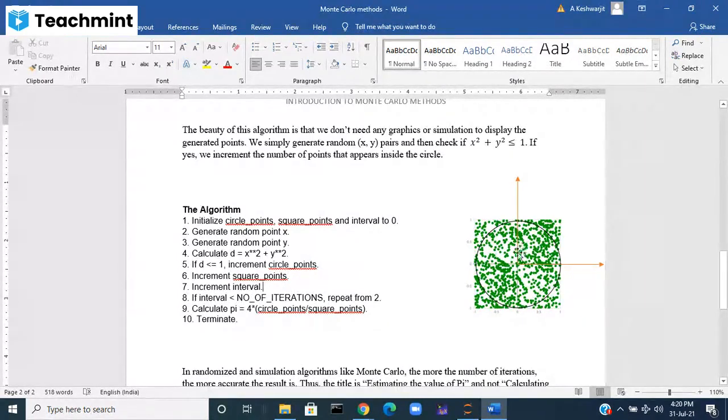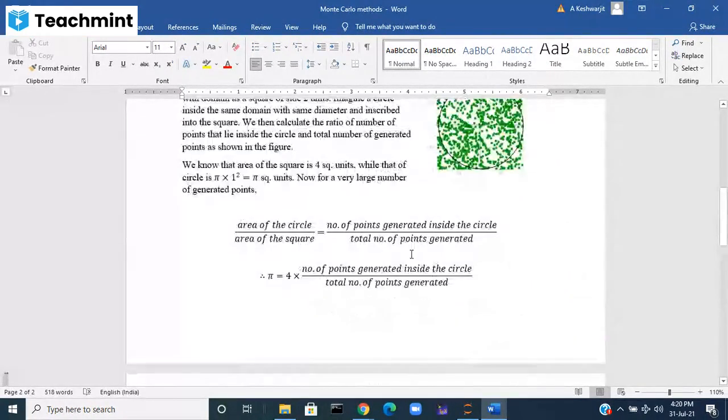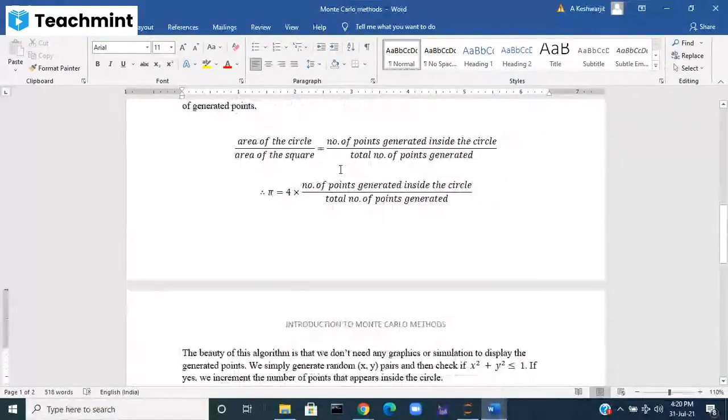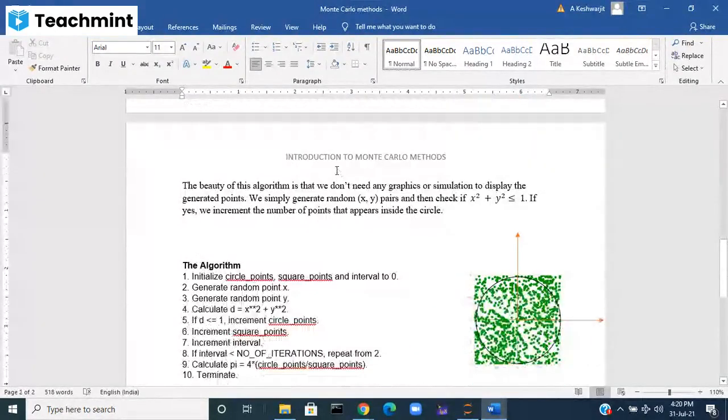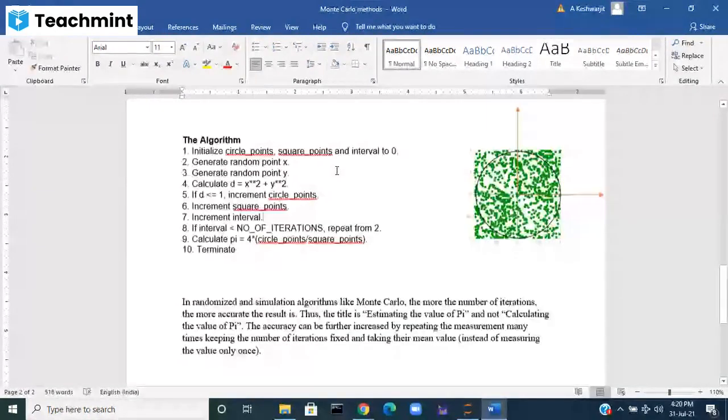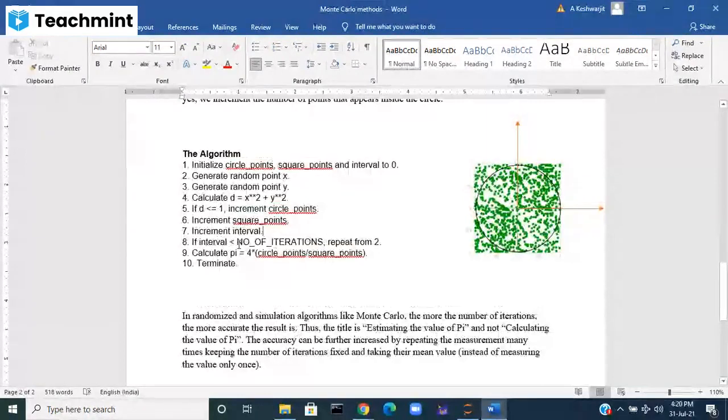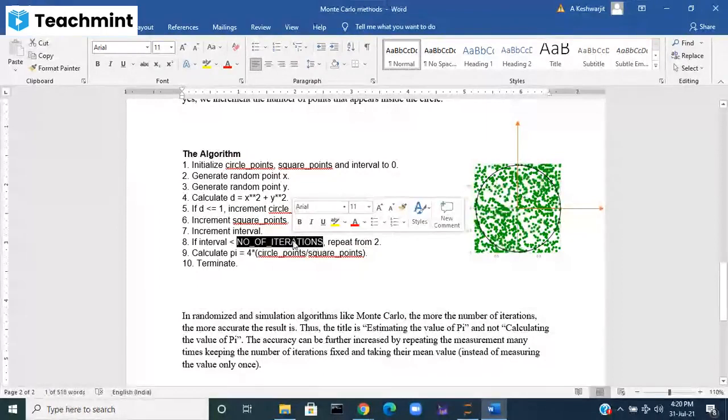Initially we said that we should generate a large number of points, and that is given by the number of iterations. So for example, if we want to generate 1,000 points, then the number of iterations would be 1,000.